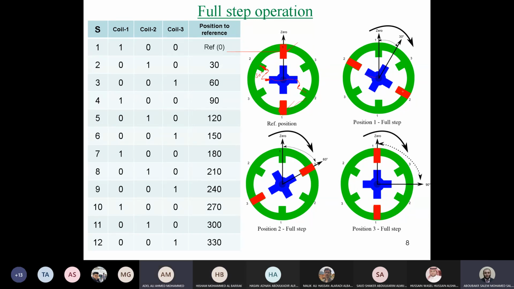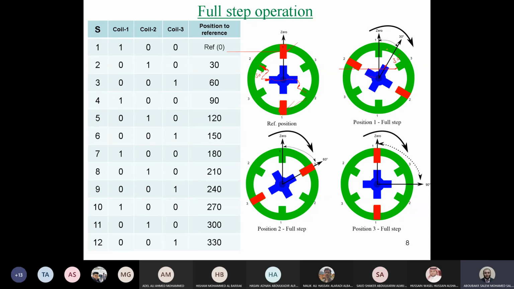1 and 2 should be de-energized and number 3 should be energized. Very good. Because as you can see, now the angle between this tooth and the stator tooth is 30 degrees.